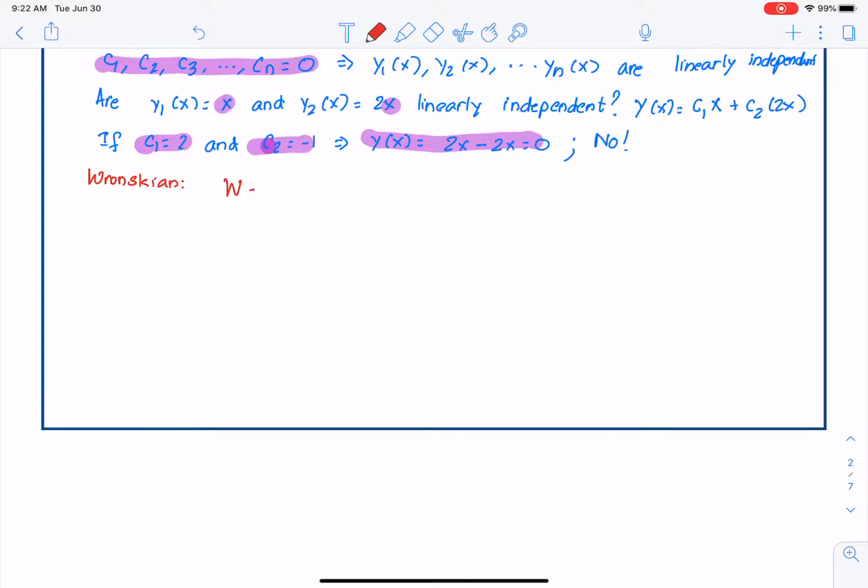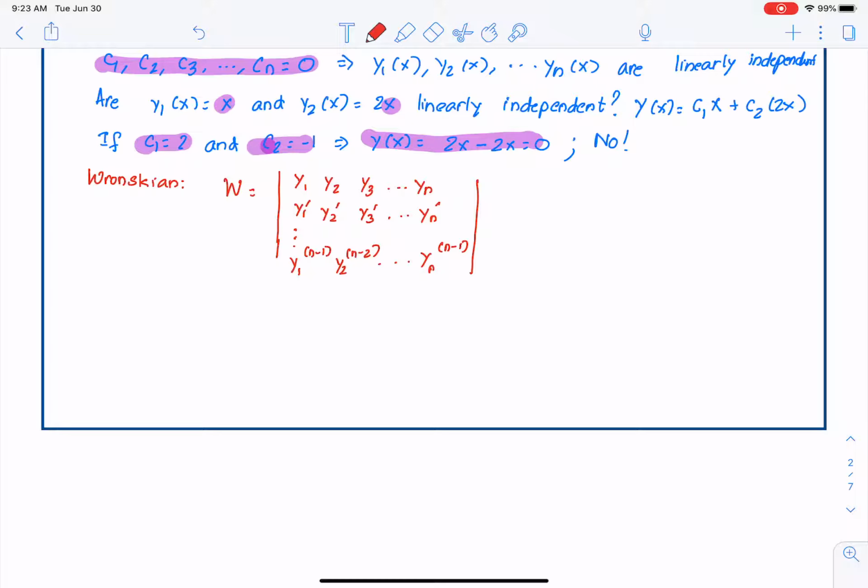The Wronskian W is a matrix which is defined like so, all the way up to the n minus first derivative of each of the solutions.